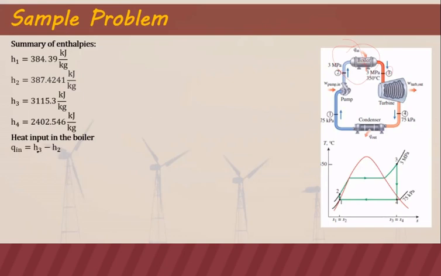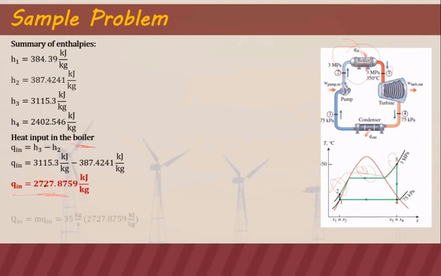So Q in is H3 minus H2 in the boiler. So by substitution from our summary of enthalpy, our heat input in the boiler is 2,727.8759 kilojoules per kilogram.